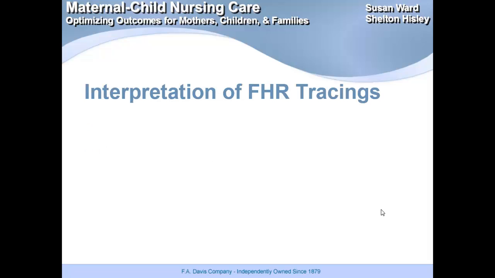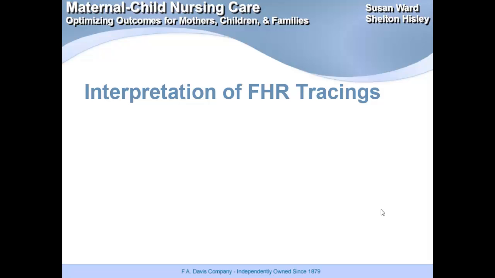So, interpretation of fetal heart rate tracings. Again, you want to consider the contraction. Look at the contraction, the frequency, the intensity, where mom is in her labor, her history, any conditions she has. Figure out if it's reassuring or non-reassuring.